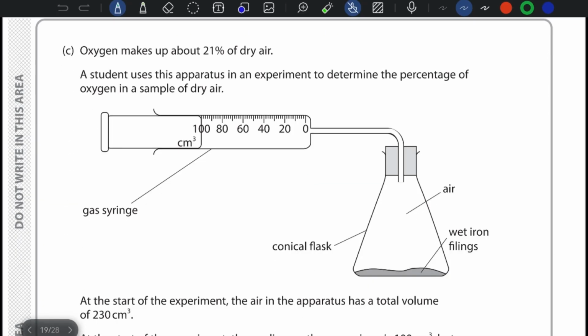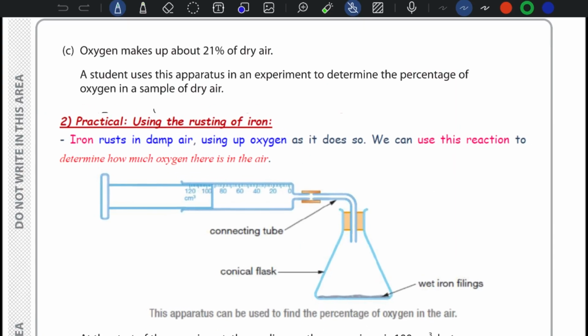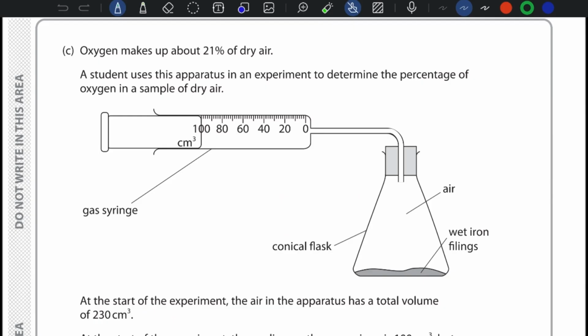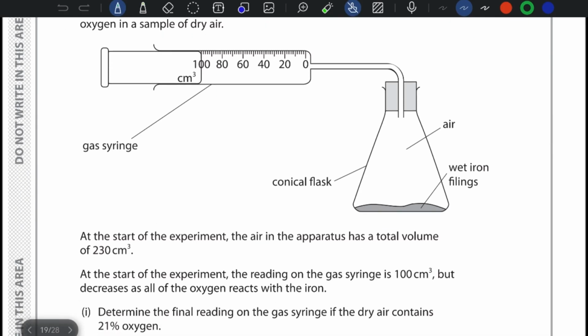Oxygen makes up about 21% of dry air. A student uses this apparatus in an experiment to determine the percentage of oxygen in a sample of dry air. As you can see, the apparatus.